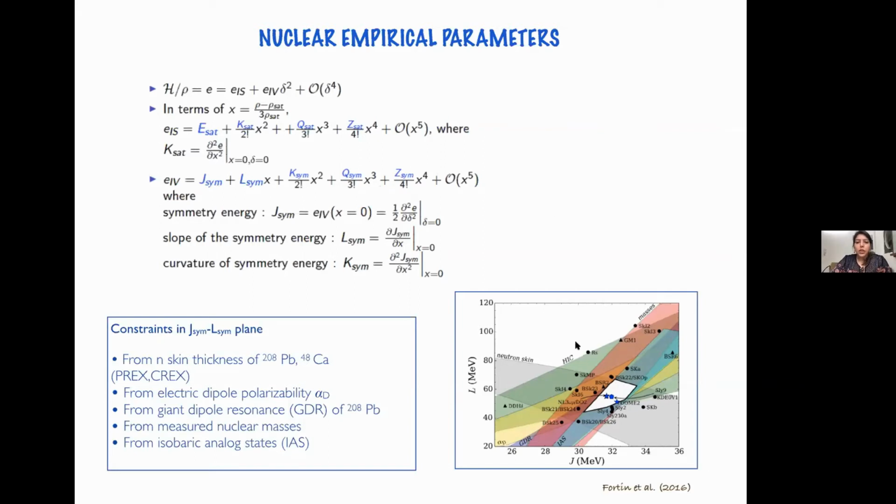This gives rise to a proliferation of models which have couplings fitted to different observables, and if we summarize them on a symmetry energy and symmetry energy slope plane, they have different predictions and different correlations. The question now arises whether these correlations are actually physical or whether they are spurious in nature.